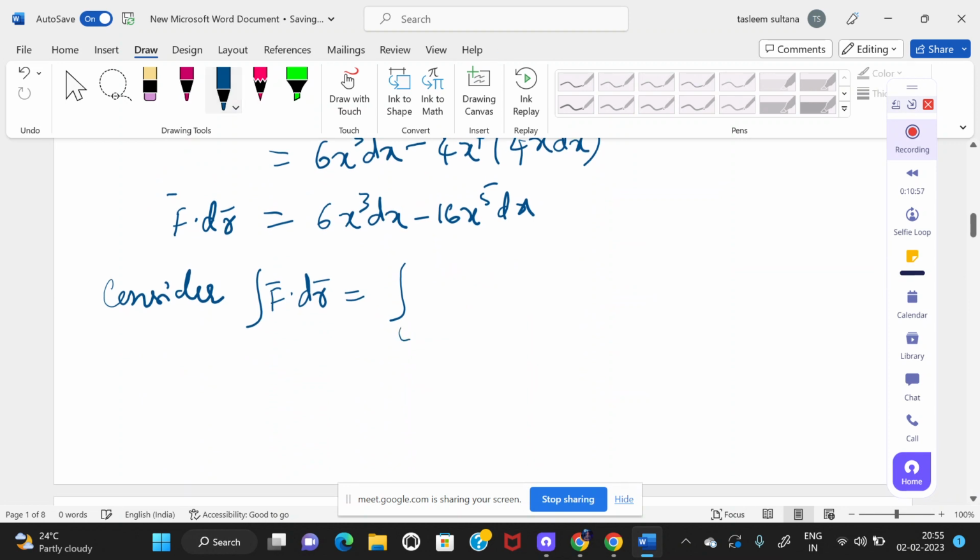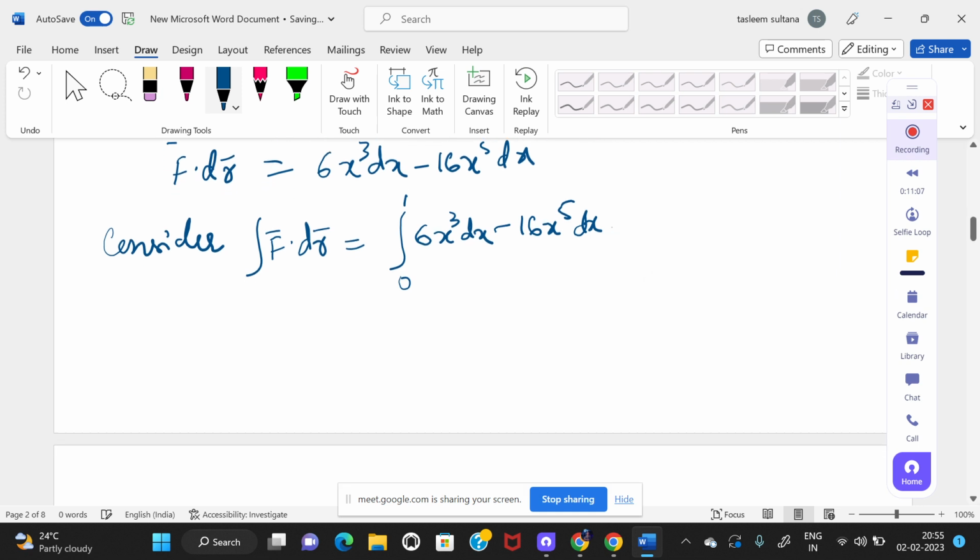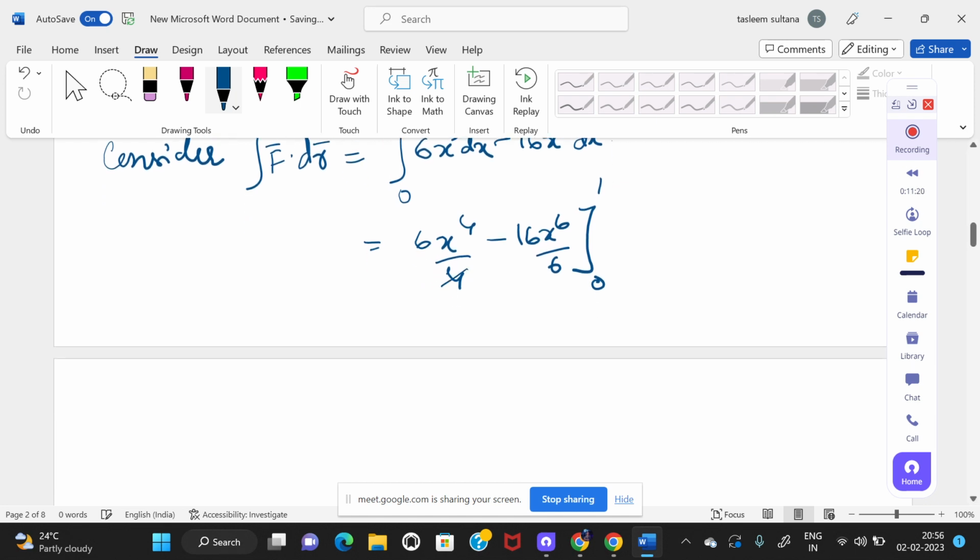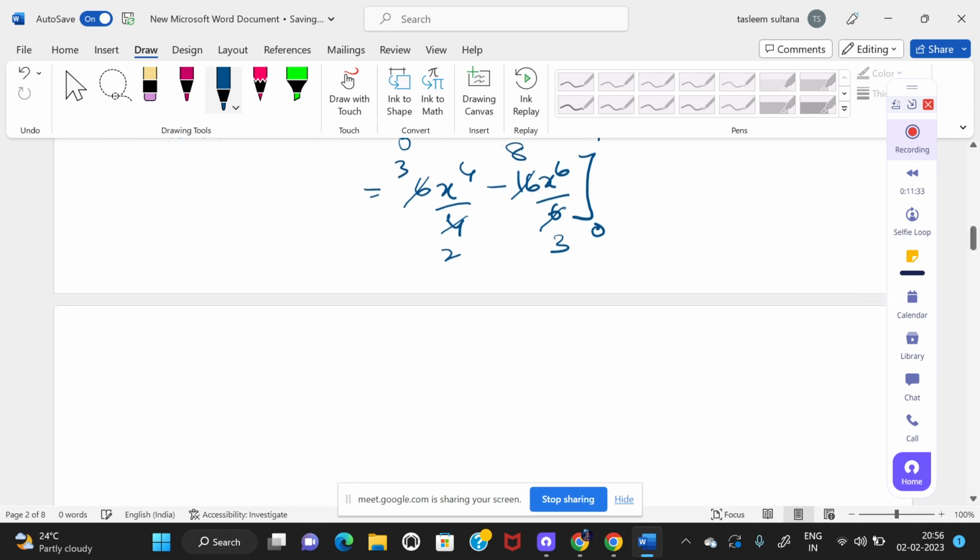So the integral from 0 to 1 of 6x cube into dx minus 16x power 5 into dx, which is equal to 6x power 4 by 4 minus 16x power 6 by 6, limits from 0 to 1. 2 twos are 4, 2 threes are 6, so this is 3x power 4 by 2 minus 8x power 6 by 3, limits from 0 to 1.